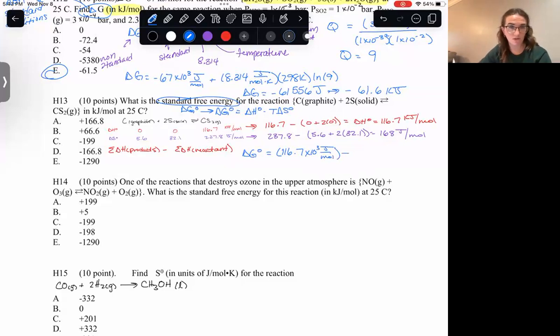What temperature are we going to use? Yep, perfect. And then we have 168 joules over mole.